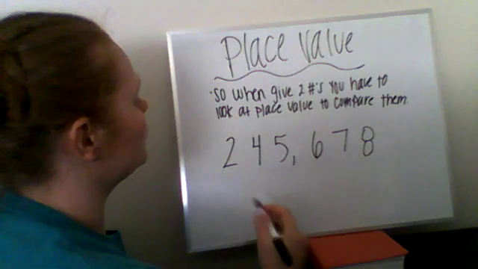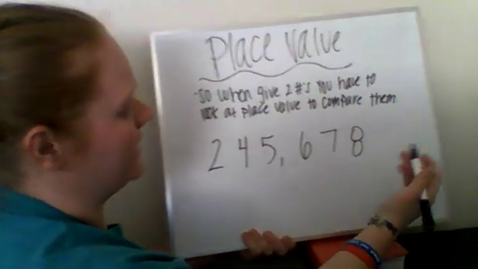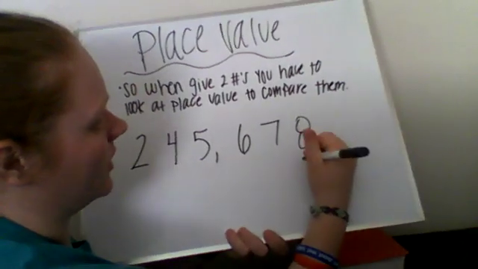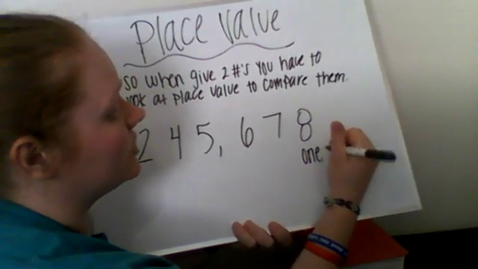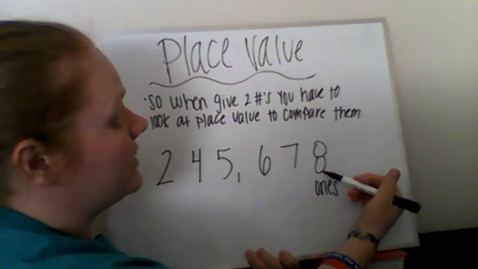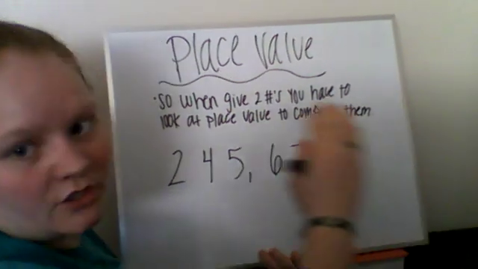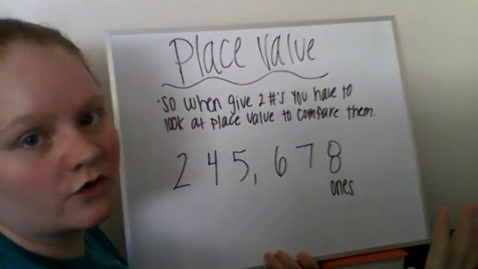When you start with a number, you always start over here on the right-hand side, and that will always be your ones. When you get to decimals, you'll have a decimal point right here with more numbers, but we're not dealing with decimals, we're doing a whole number.